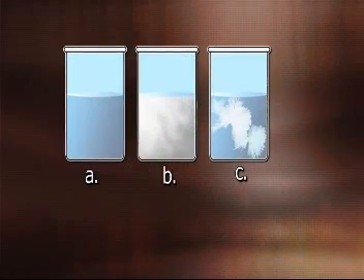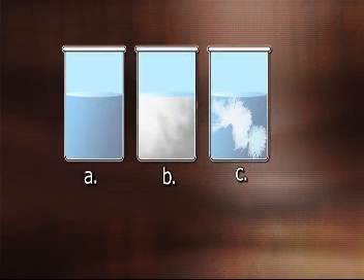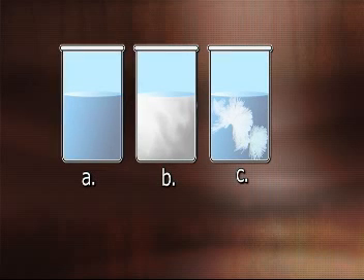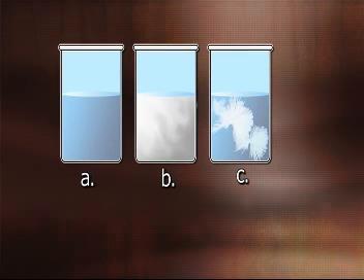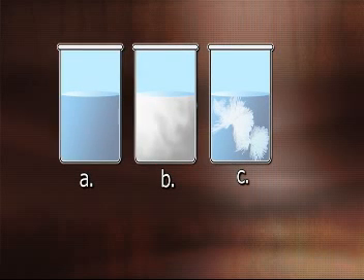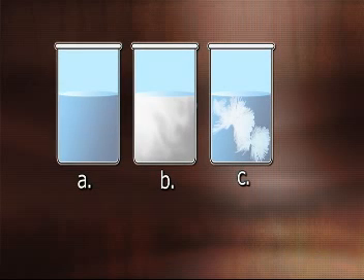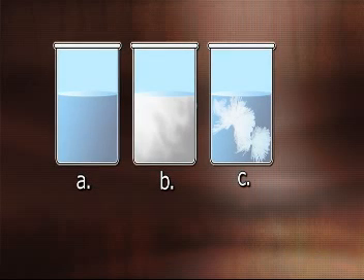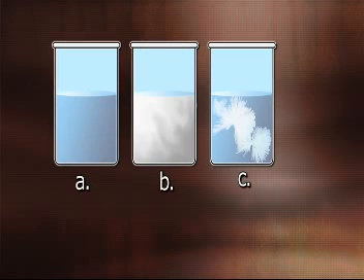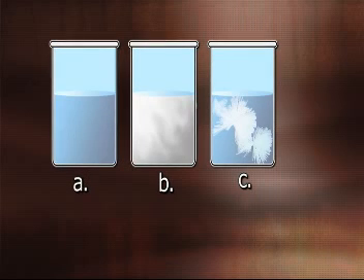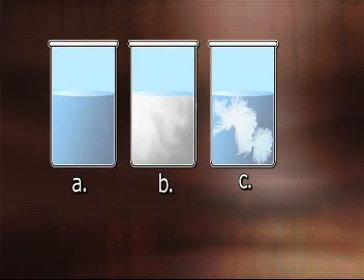Students, please look at these images. The first image shows a hot, supersaturated solution. The second image shows the solution once it has been left undisturbed to cool down. The third image shows a cold, supersaturated solution after seeding.